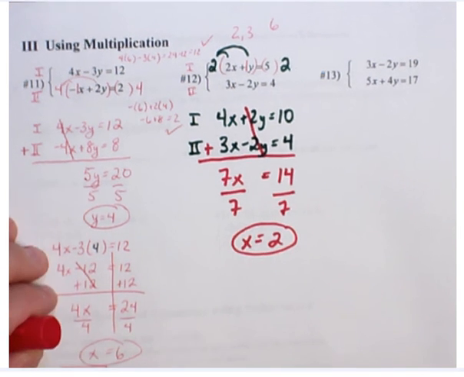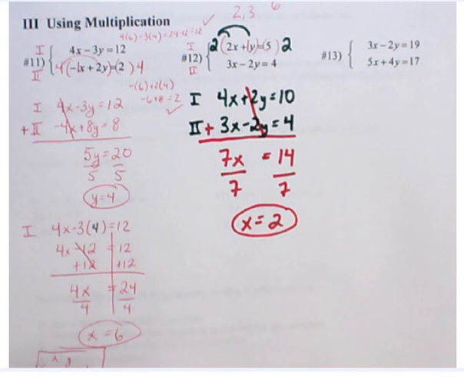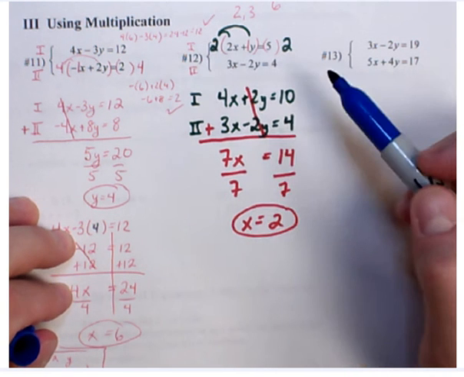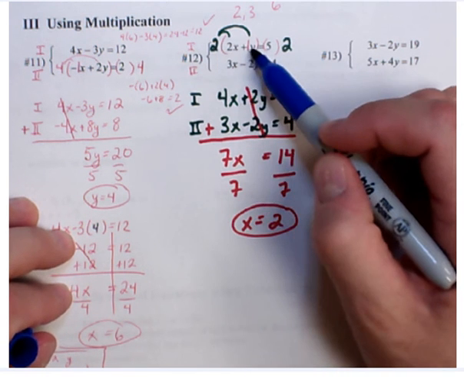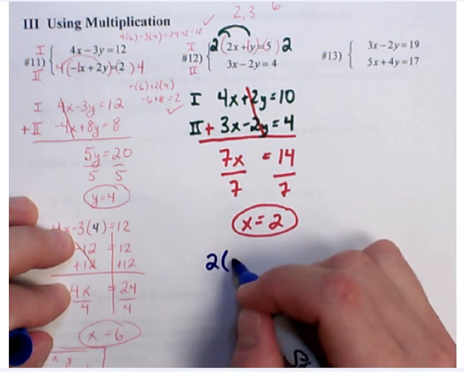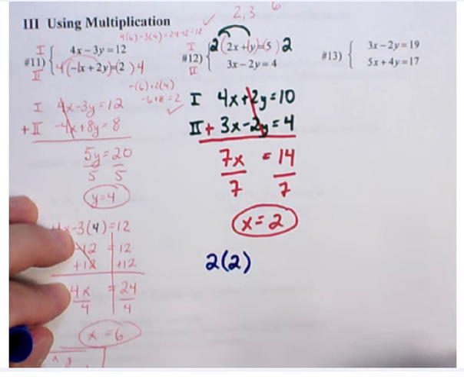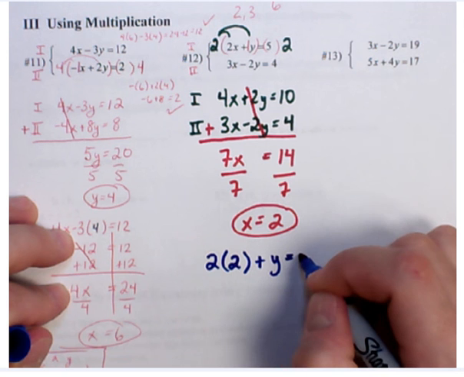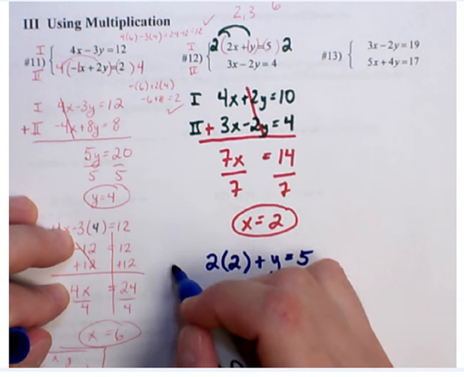Now we're not done. We want to solve also for y. Now, if you go back to your equations, 1 and 2, equation 1 is 2x plus y equals 5. Since this is a 1y, I like this. Let's do 2 times x, so that's 2 times 2, plus y equals 5. That's equation 1.